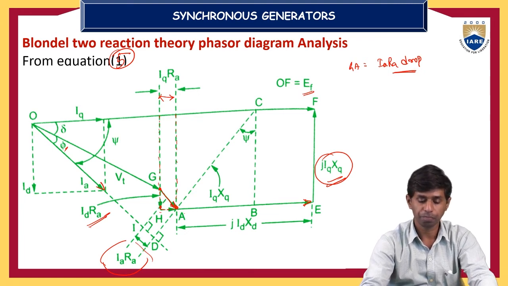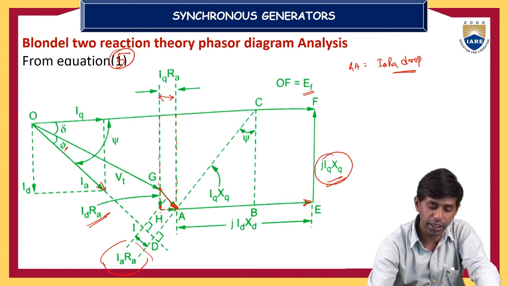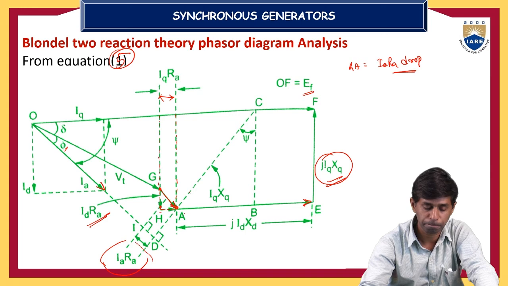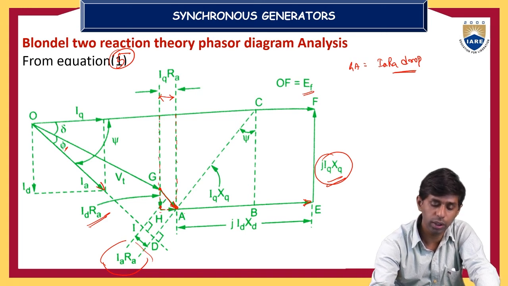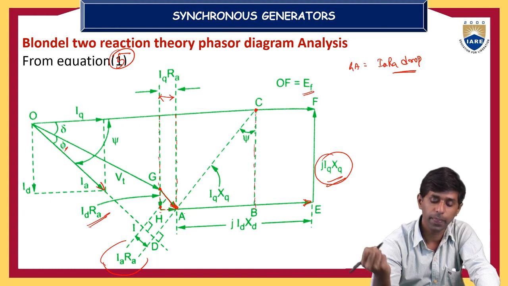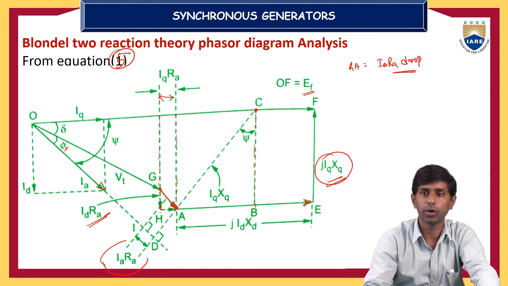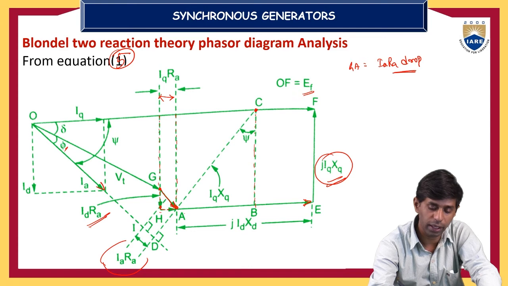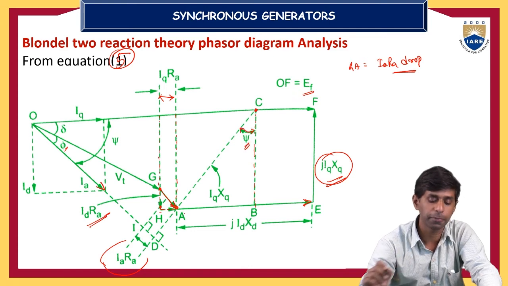And similarly, from A, draw a dotted line towards the OF, which has to be intersected at point C, and from that C, draw a line towards the direct axis reactance component drop, that is AE, which is at an angle of psi.